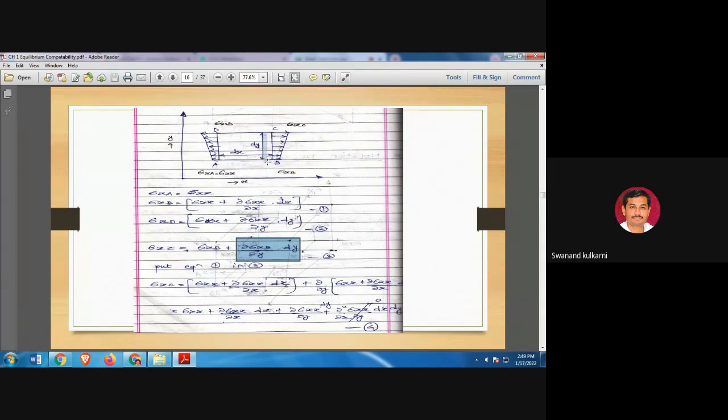Is it okay? So that's why sigma xc is nothing but sigma xb plus dou sigma xb upon dou y into dy. So with this, the third equation is given here.